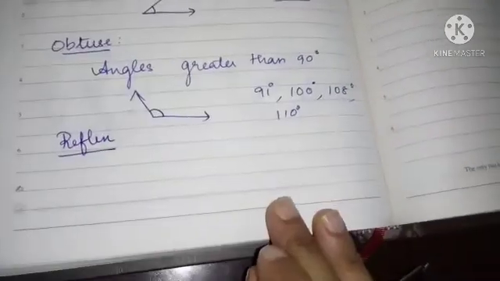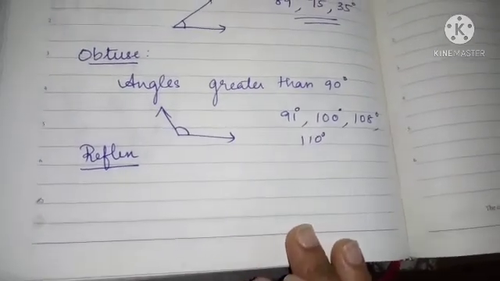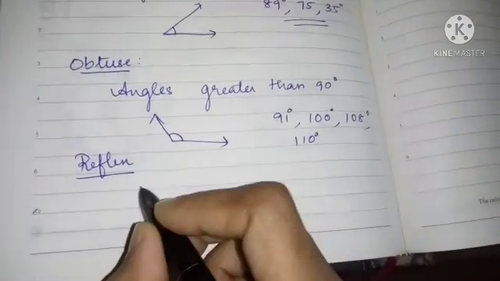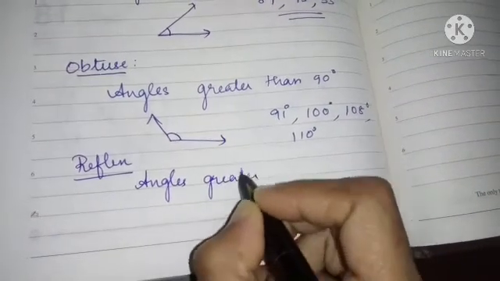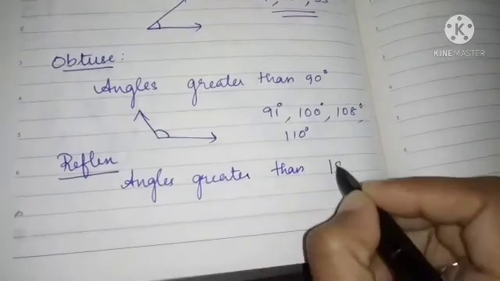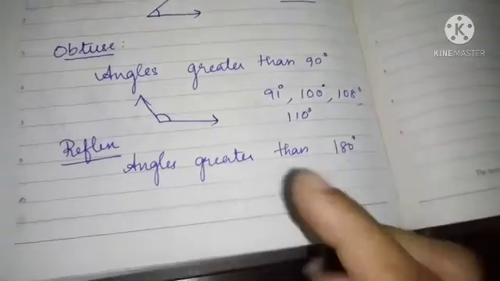Okay. Next is reflex angle. Next concept is what? Reflex angle. Reflex means angles greater than 180 degrees.